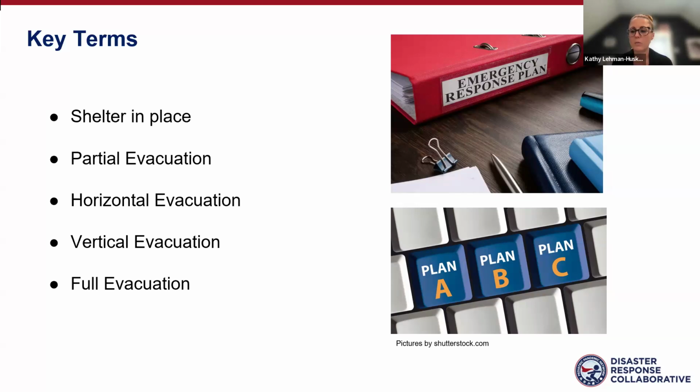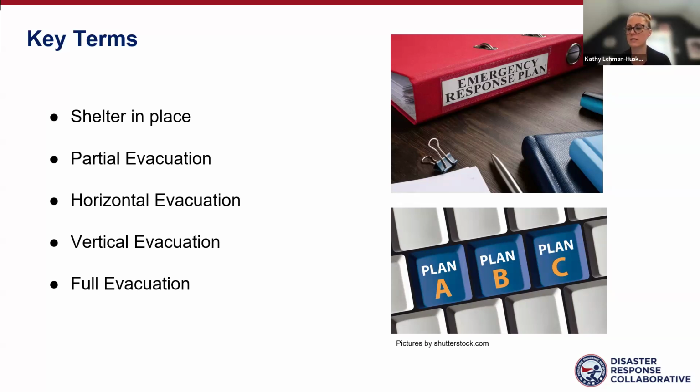So with evacuation, a lot of times planners or healthcare workers will look at it and think of the sky is falling, apocalyptic, full emergent evacuation. That surely is a part of the planning, but it is not all of the planning. So I say evacuation has onion layers of definitions. It's really important to know what those layers are and to have them defined in your plan.